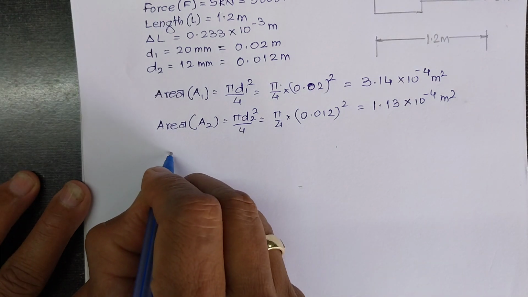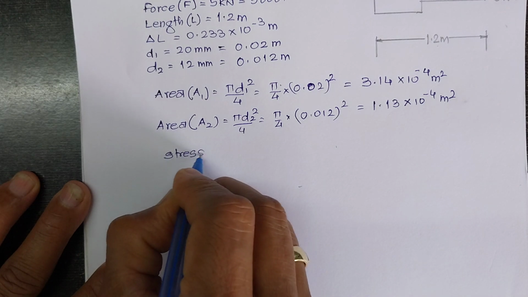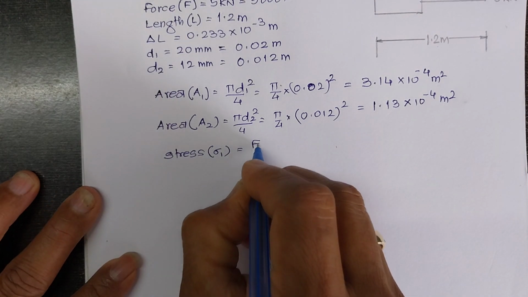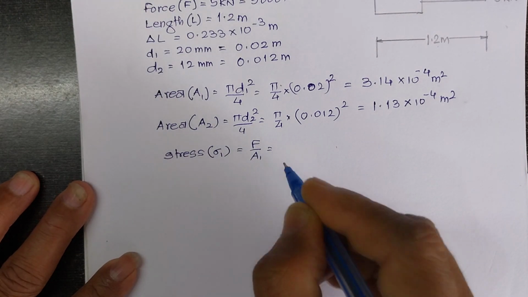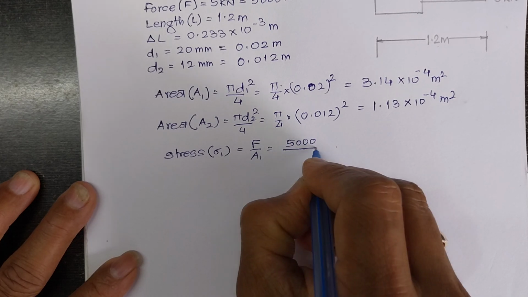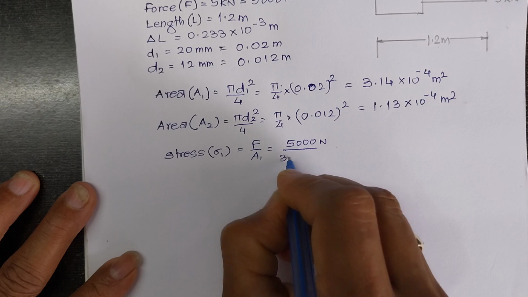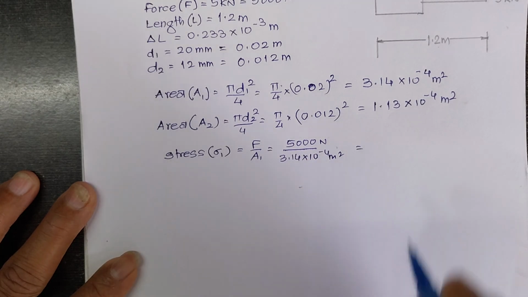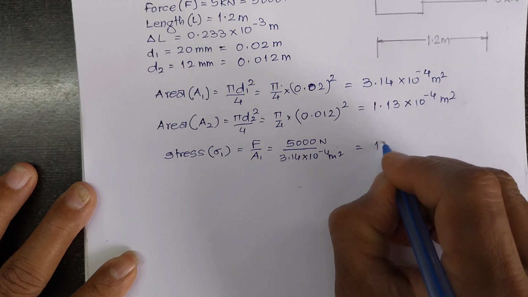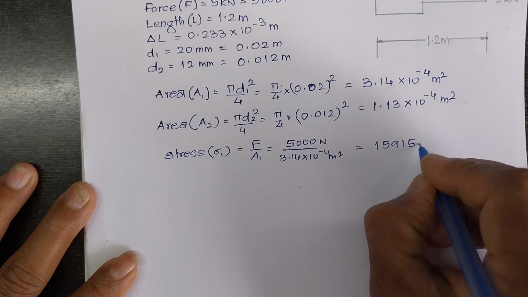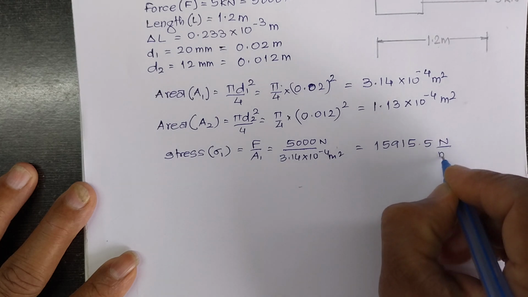So we have stress in this case for the segment 1 represented by sigma 1, which is force upon area A1, and that is 5000 Newton divided by 3.14 into 10 raised to minus 4 meters square, and this should give you a value of 15,915.5 Newton per meter square.